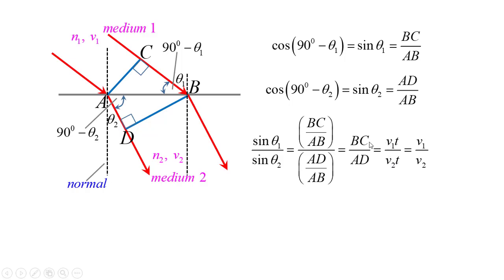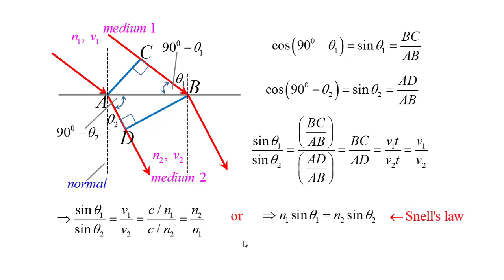So for BC we write v1 t, and for AD we write v2 t, which simplifies to v1 over v2. And this ratio, sine theta 1 over sine theta 2, is now written as v1 over v2, but v1 is c over n1, and v2 is c over n2, which reduces to n2 over n1. Or n1 sine theta 1 is equal to n2 sine theta 2, which is called Snell's law.